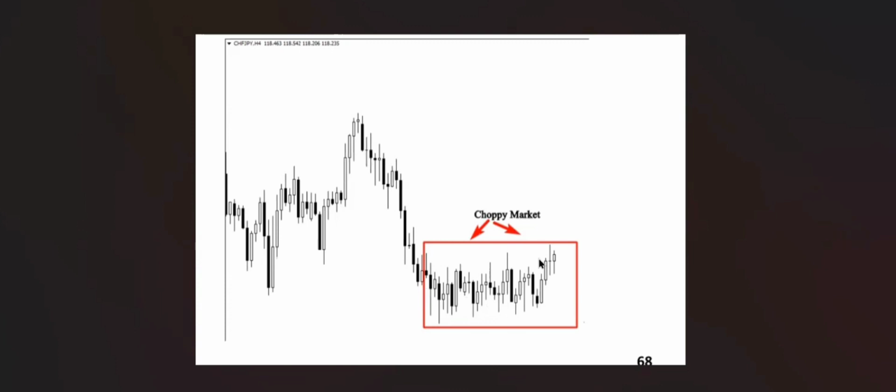So you would even doubt if your strategies are still working or not. The best way to determine if a market is choppy is just by what? Zooming out on the 1 hour time frame, zooming out from the 5 minutes time frame or 15 minutes time frame to the 1 hour time frame, depending on the kind of trader you're becoming.